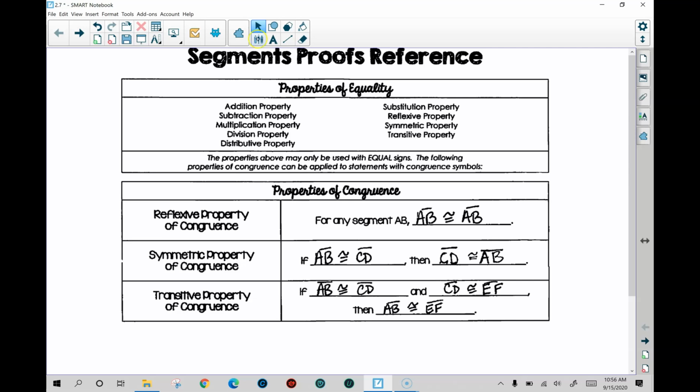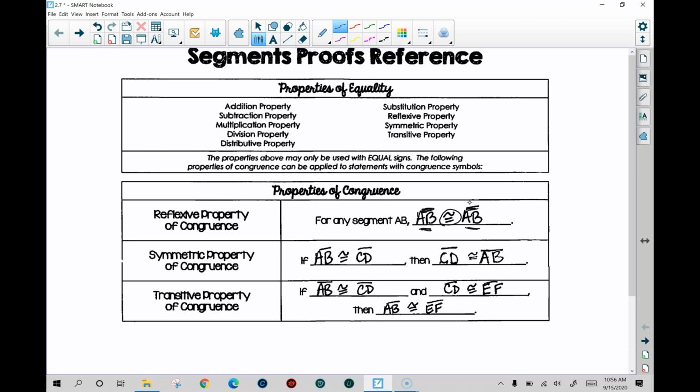When some things are congruent, it just means that their shape and their size are the same. So it's saying the distance from A to B, which is a segment, is going to be congruent to the distance from A to B, which is also a segment. So it just means they're exactly the same. Congruence, just think about it. They have to be the same symbols, same letters.